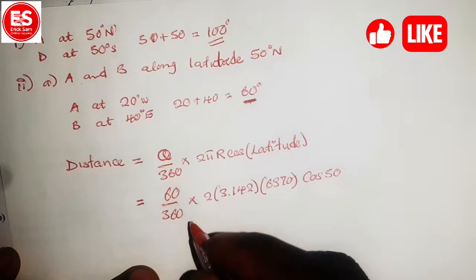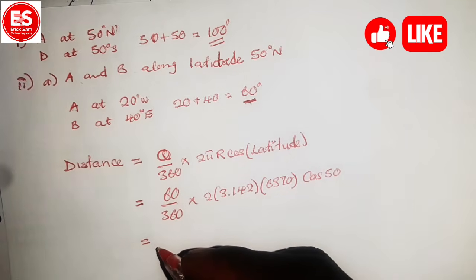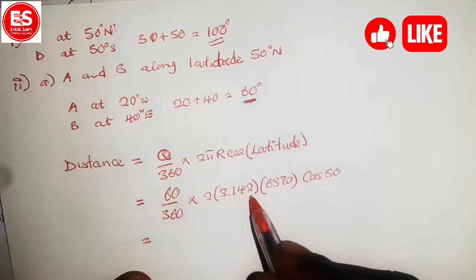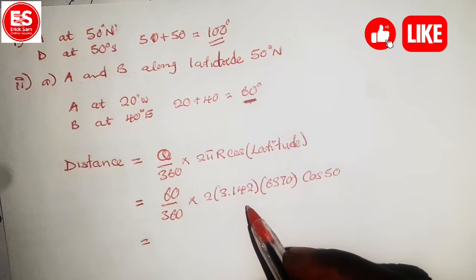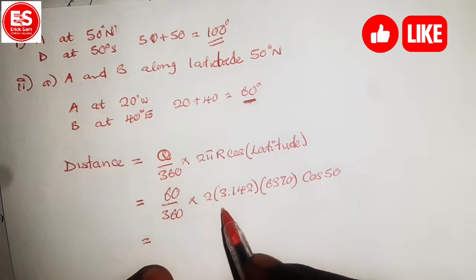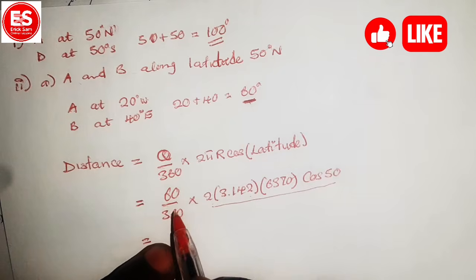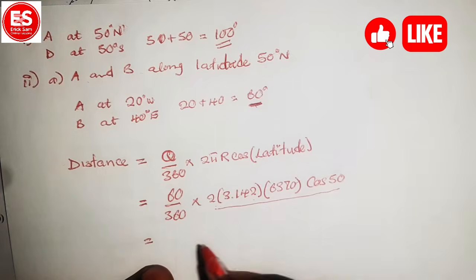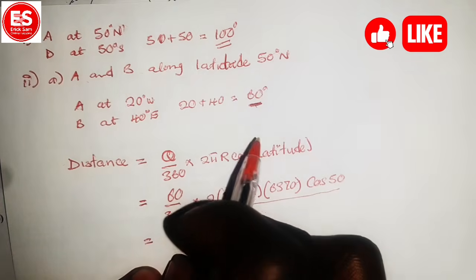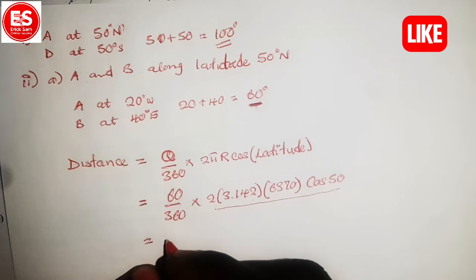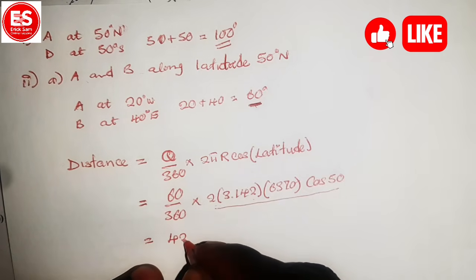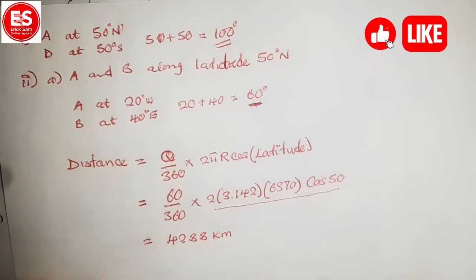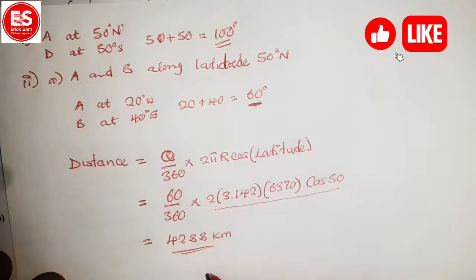Multiply everything here, then multiply with 60. Due to time, I cannot do everything step by step, but you can use your calculator. You should be able to get something like 4288 kilometers. That is the answer in terms of distance.